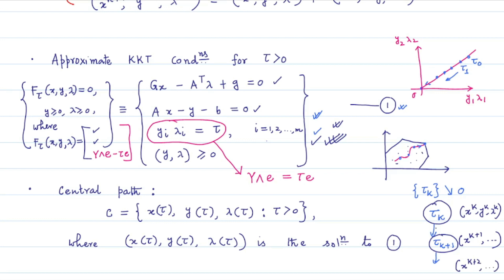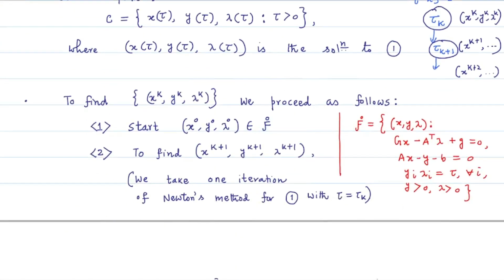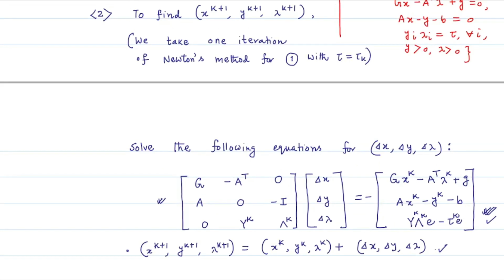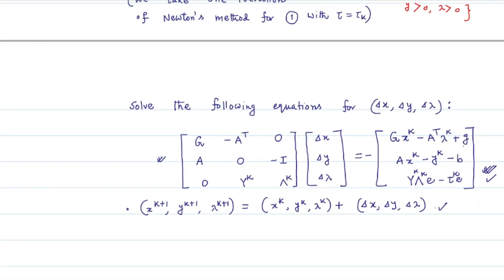So in a decreasing manner of tau k, you go for taking just one iteration, just solving this equation only once. It is not that iteratively we are solving the same equations over and again for the same value of tau. So it is not that we are applying here the fully Newton's method to find a solution of the approximate KKT conditions for a given value of tau.